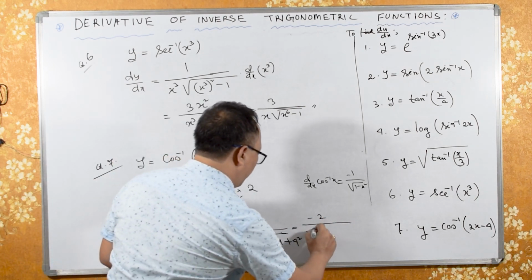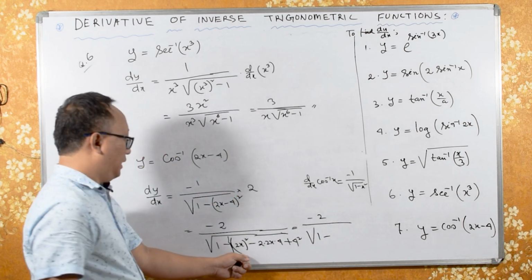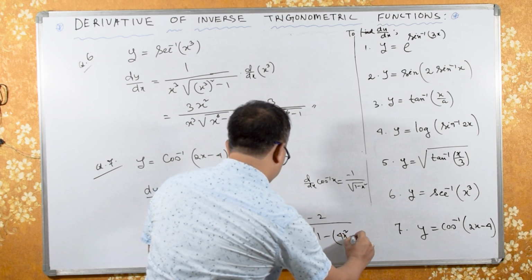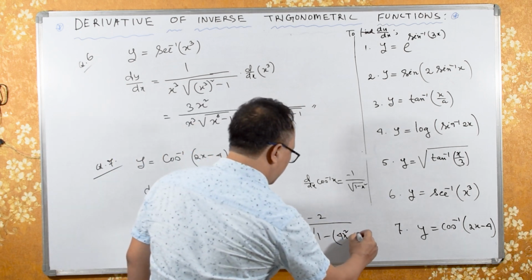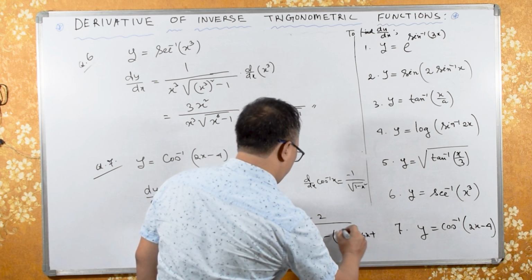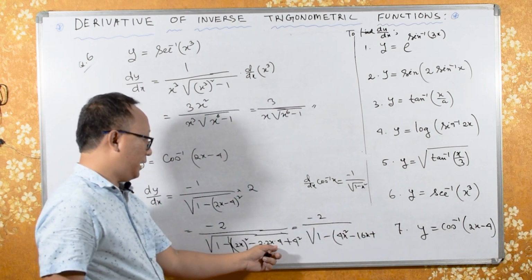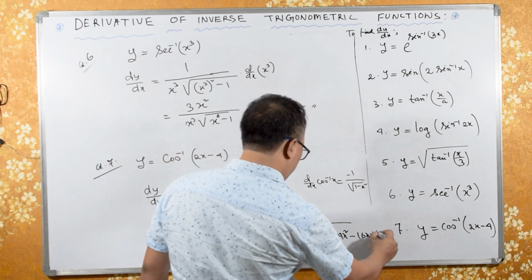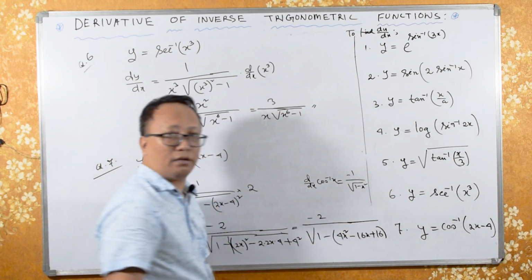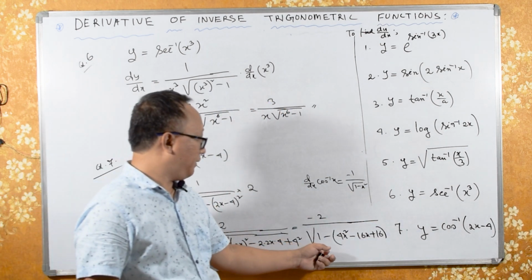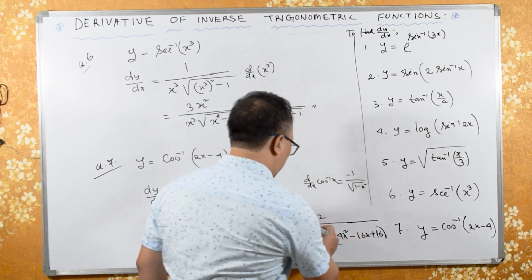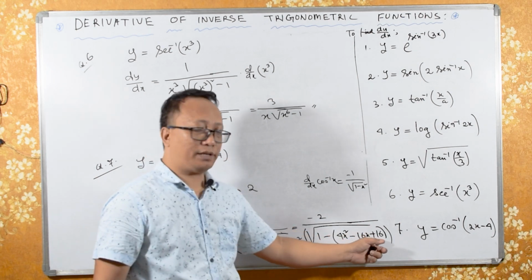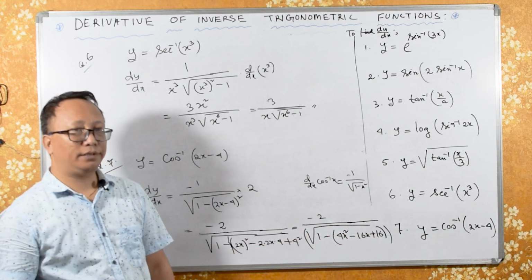Here we have square root of 1 minus, here 2 to the 4x square minus 16x, okay, 4 to the 8, 8 to the 16, here also 16. Okay, you can keep it like this, or you can send minus inside. Okay, thank you so much.